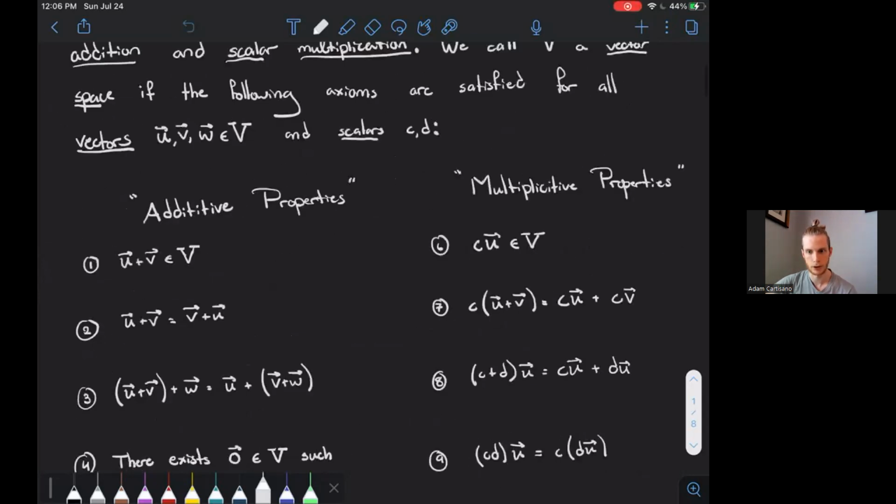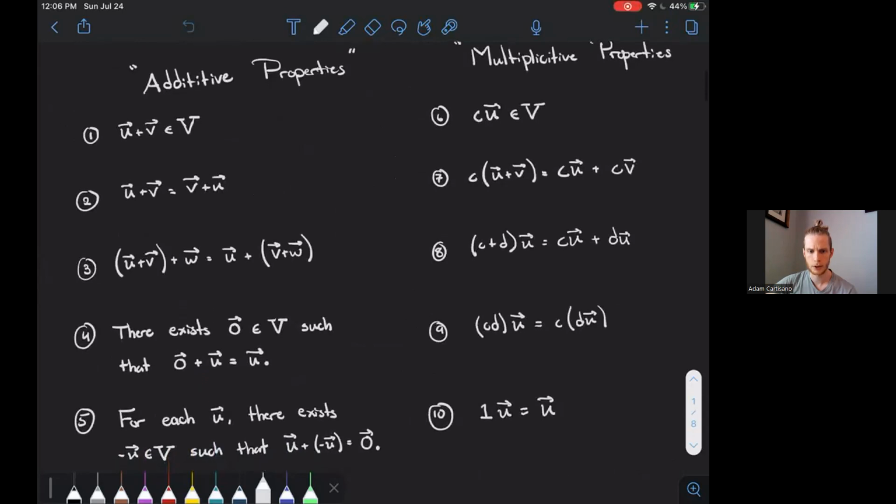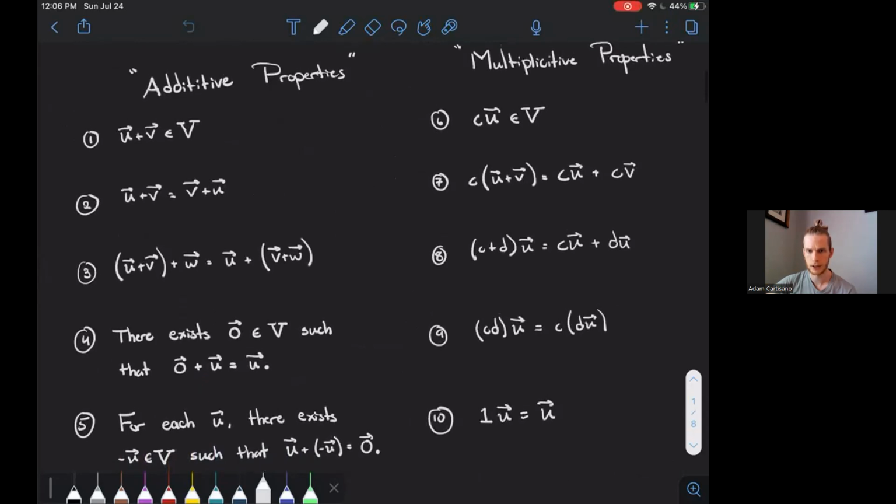These are going to look very familiar, and I hope that your impression of these properties is, duh, these should feel very obvious. For example, I want addition. If I have a vector space, I should be able to add any two vectors and obtain something which is a vector inside of that vector space.